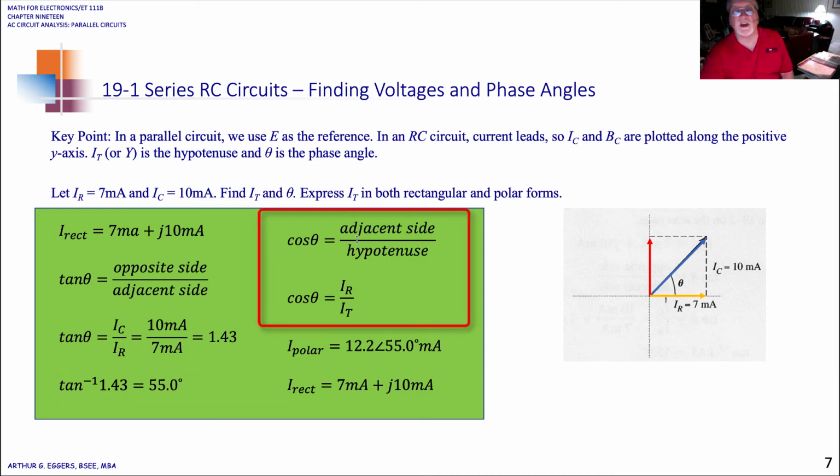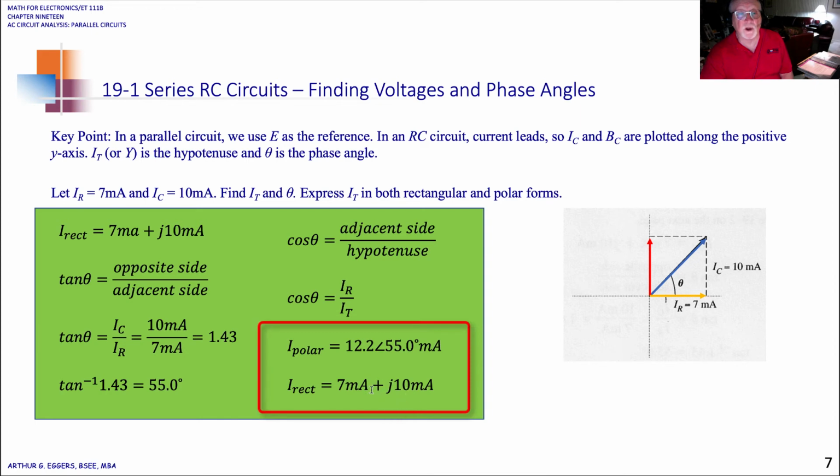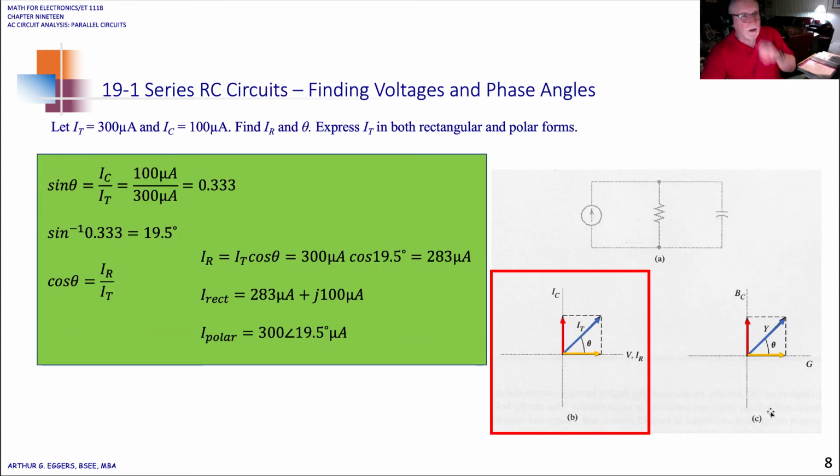Switching to the cosine function, adjacent over hypotenuse, using the current through the resistor and the total current, we can solve for our terms that lead us to the polar representation and the rectangular representation that we have already seen.